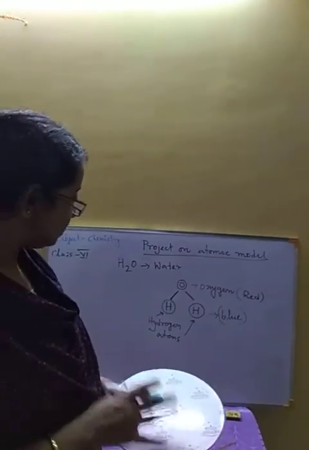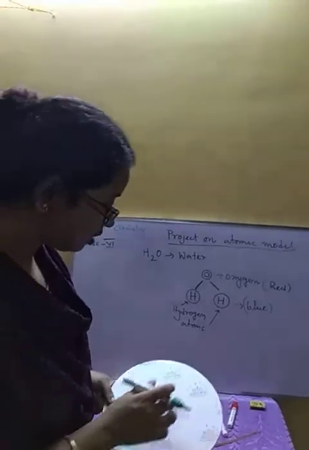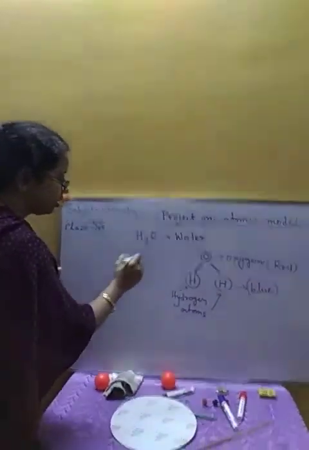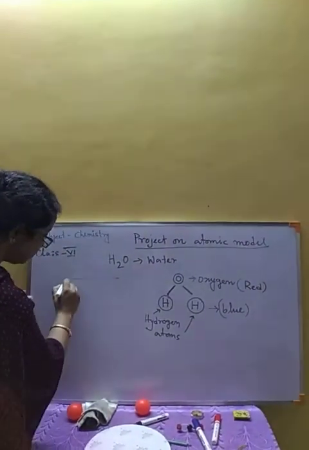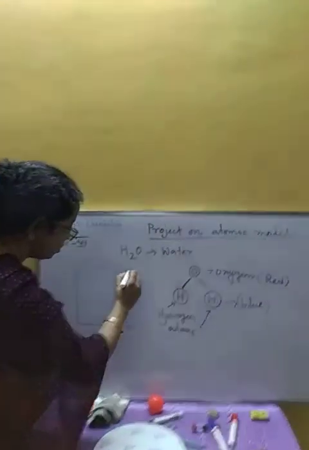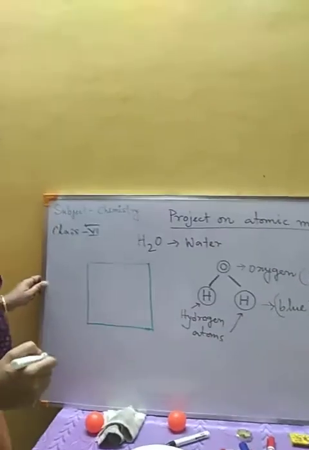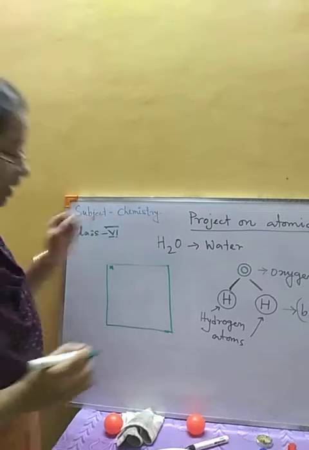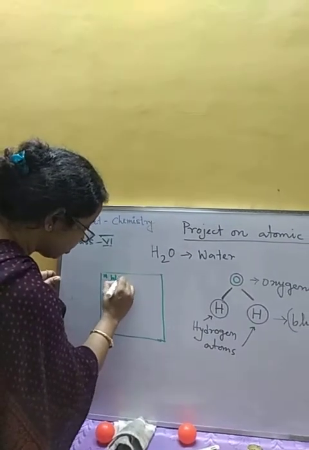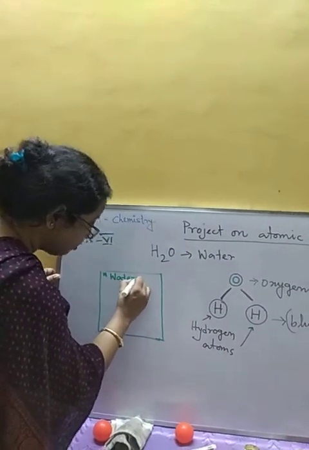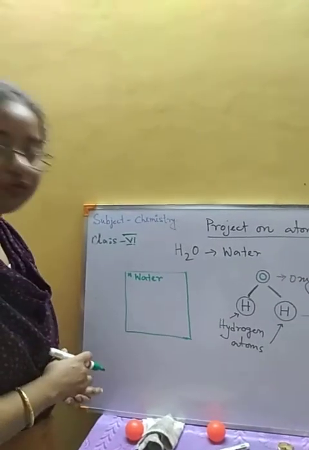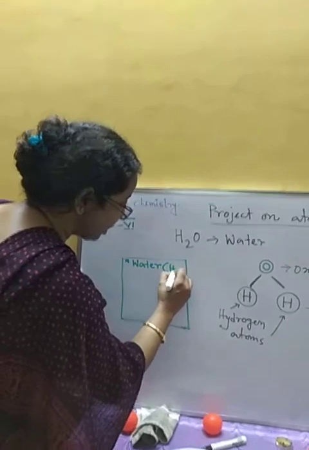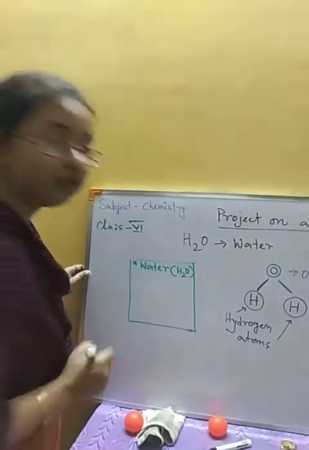Another thing, on the top of the cardboard where you are placing your model, you have to write the name of the model. If you are taking the model of water, then you have to write water here, and in brackets you have to write down the formula of water.